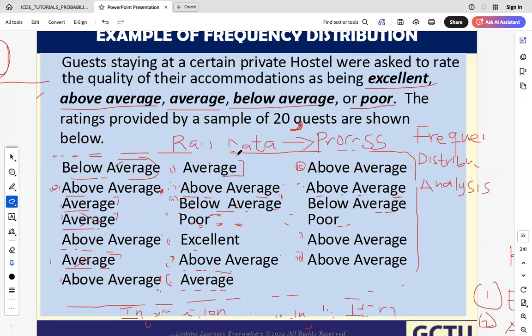We didn't know this because the data was raw. This is raw data. So what we have done is we have processed this data using what we have learned today. The frequency distribution analysis is helping us to get information from this raw data you are seeing here.